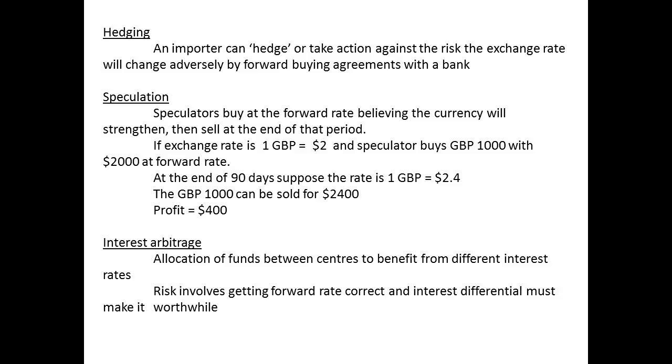So, for an initial exchange rate of £1 to $2, a speculator buys £1,000 using $2,000 at a forward rate. If, after 90 days, the exchange rate is changed to £1 gives $2.4, then the £1,000 can be sold for $2,400, giving a profit of $400.